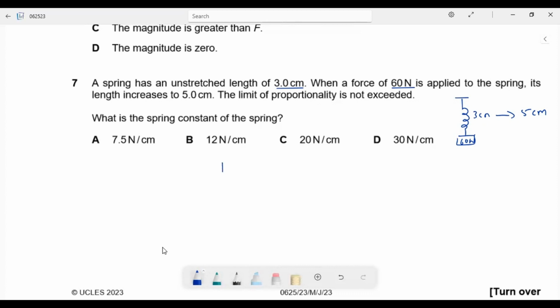So here we can apply Hooke's law. That is F equals K into X. F is the force applied to the spring, K is the spring constant, and X is the displacement.